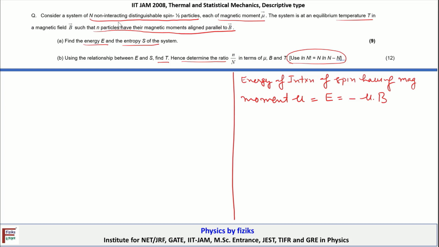For a spin half particle there exist two different energy states.